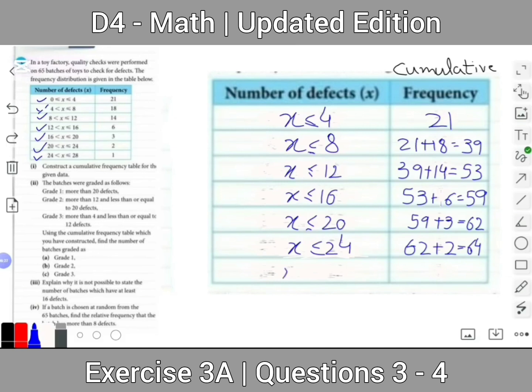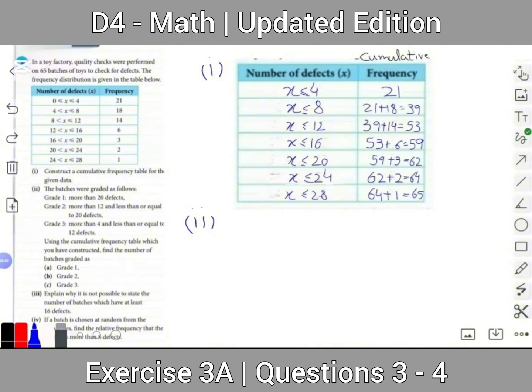So for the last entry we are taking x less than or equal to 28. So 64 plus 1 is 65. So the final cumulative frequency is 65. So this is the completed cumulative frequency table.